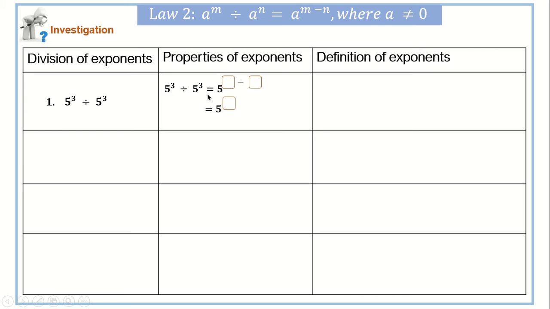Okay, so that's why we will have 5 to the power of 3 minus 3, such that we get 5 to the power of 0.